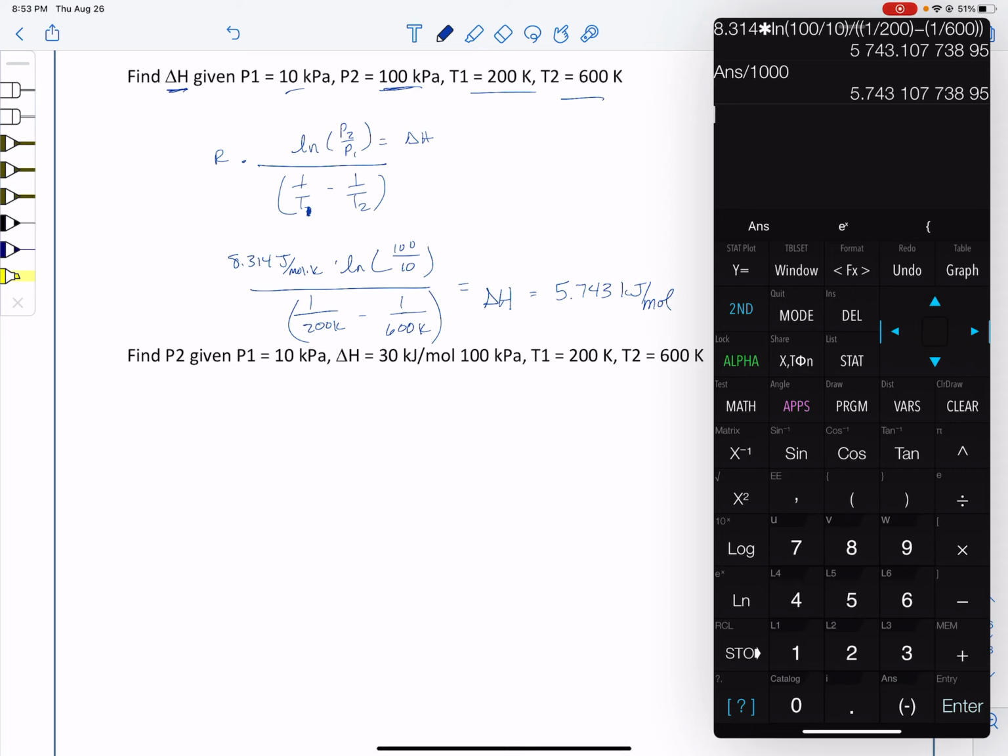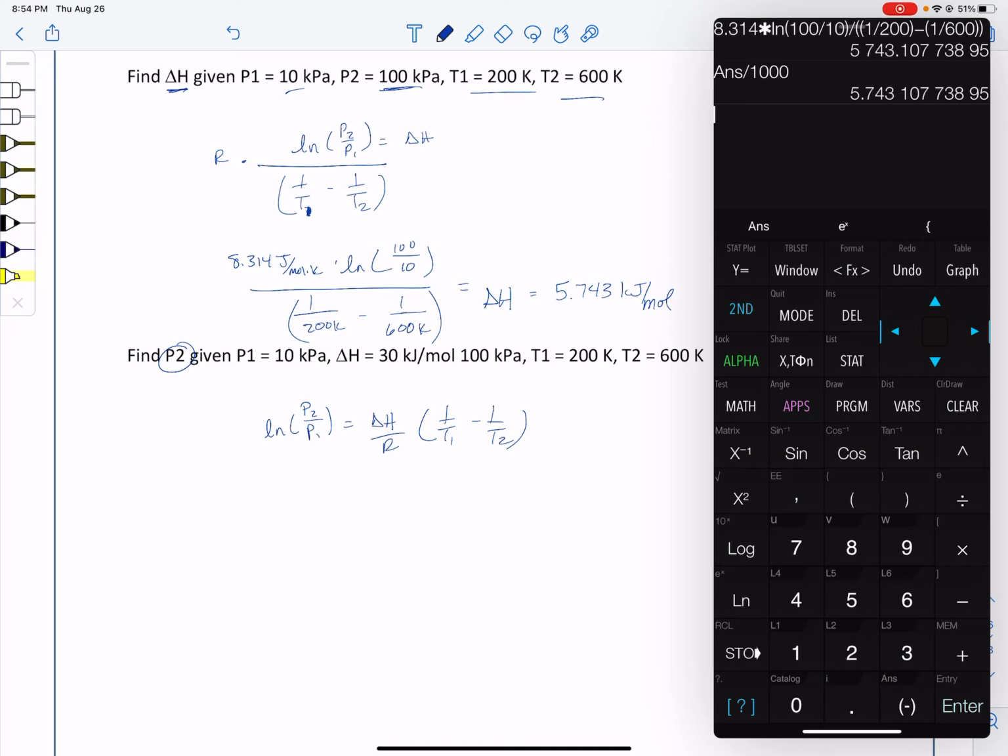And then this one right here, it's again solving for the P2 value. Let's see, so ln of P2 over P1 is equal to delta H over R times 1 over T1 minus 1 over T2.